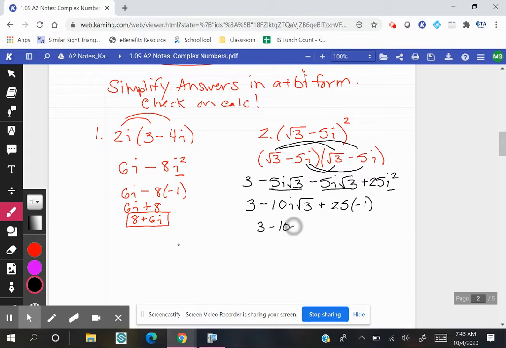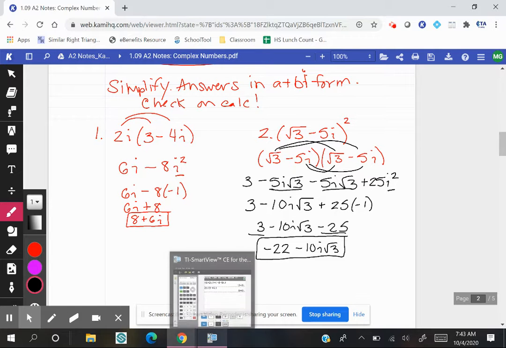So now I have 3 minus 10i rad 3, and 25 times negative 1 is negative 25. Combine my like terms here, and I'm going to make sure I write this first because I want it in a plus bi form. So negative 22 minus 10i rad 3. And I cannot combine those any further.